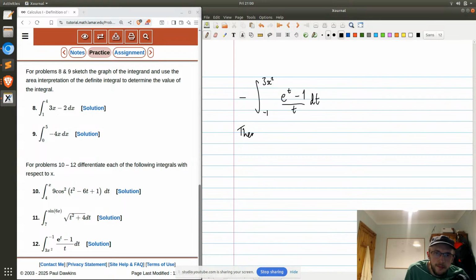Then let u equal 3x squared, du by dx equals 6x. So isn't it like pretty much exactly what I just did before, yeah? Or is it not? And this is another trick.